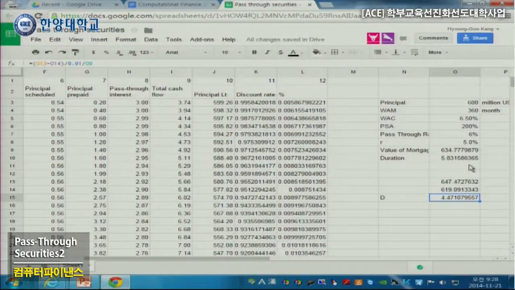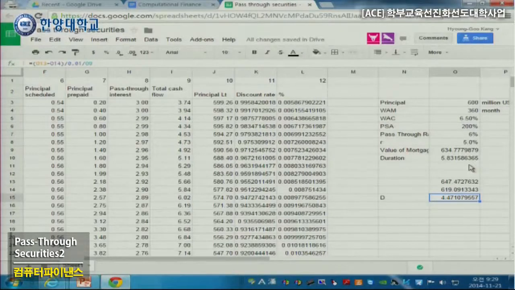That's intuitive because if we don't take into account the change of the prepayment or change of the PSA, then what does it mean? We are in some sense overestimating the change of the price, right?